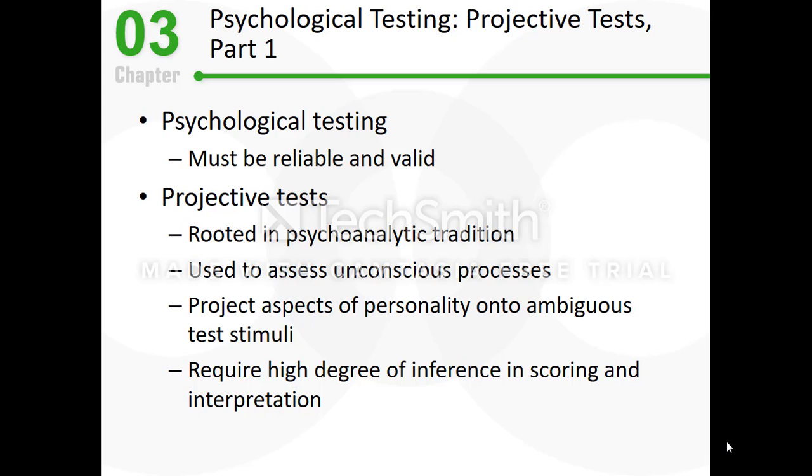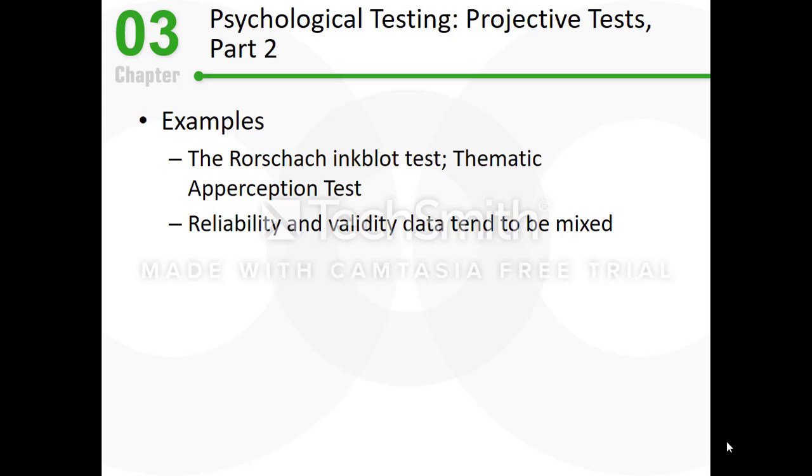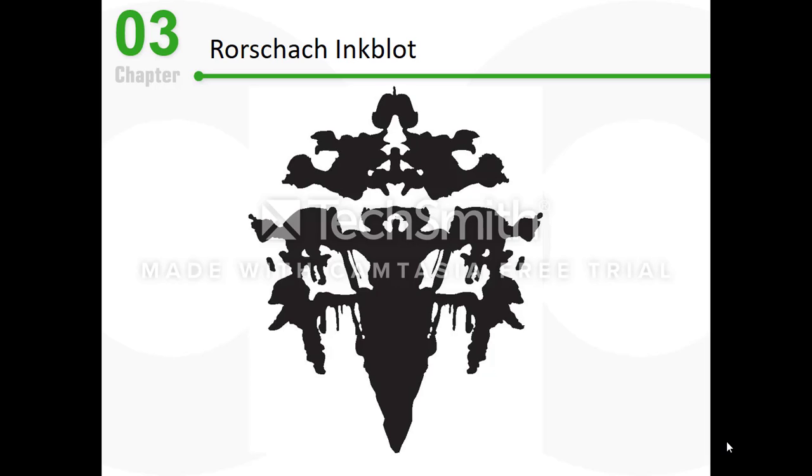A lot of inference goes on in the scoring and interpretation, and they've tried throughout the years to make it a much more objective, valid type of scoring system, in which they've not really achieved consistency even after all these years. So examples of those projective tests are the Rorschach, as I've said, the Thematic Apperception Test, and the reliability and validity of both those things have a tendency to be very questionable.